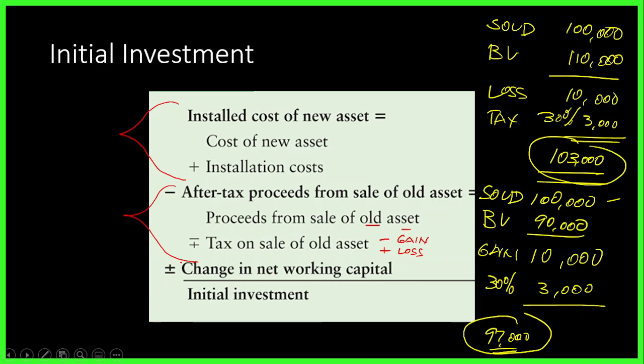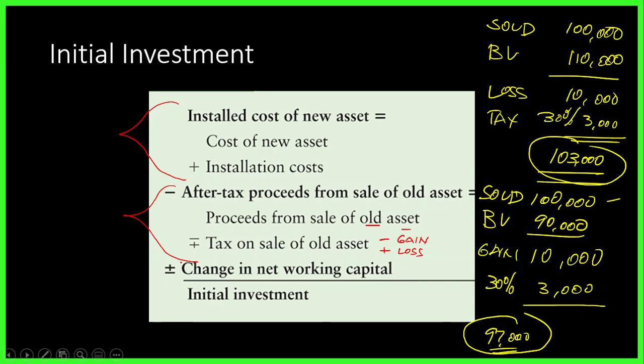So that additional pocket money can be considered as an increase in your working capital. It's attributable to owning a car. So it's the same here in our initial investment. If it reduces your working capital, deduct. If you're supposed to increase your working capital, you simply add it.